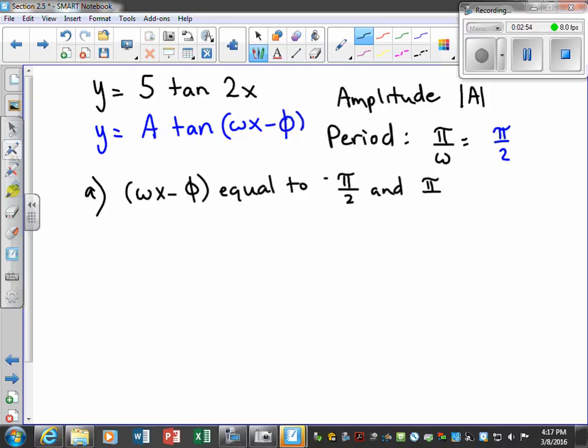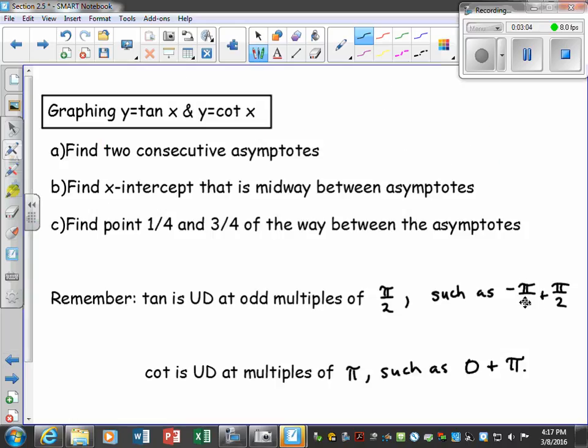I'm just going to write all these steps out formally so we have some consistency. Because it's tangent x, I'm going to set it equal to negative pi over 2 and pi over 2 because that's where it's undefined. So I'm looking for my asymptotes, and that's why I use these two values.